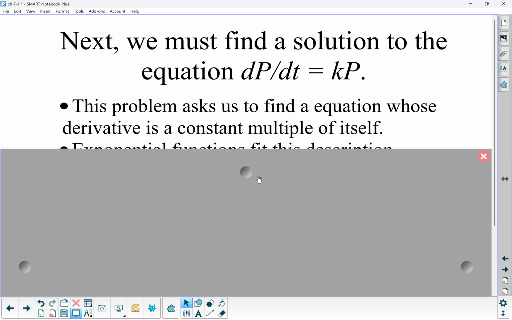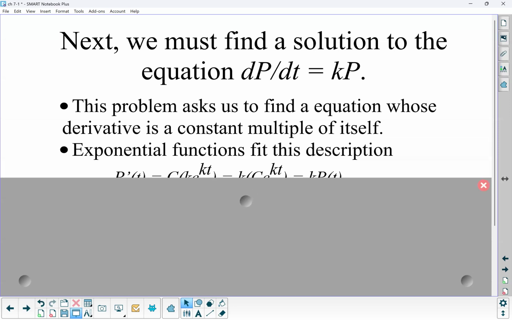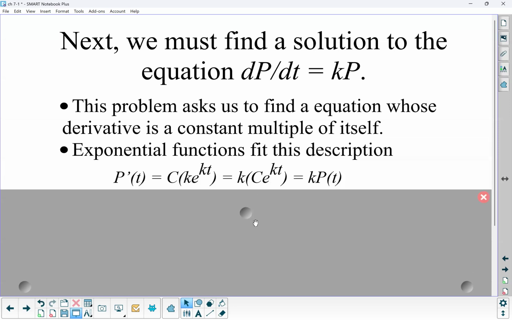The problem, in this case, asks us to find an equation whose derivative is a constant multiple of itself. We do know a function that when we take its derivative, we get that function back exactly as it was, maybe times a constant. That is our exponential function.